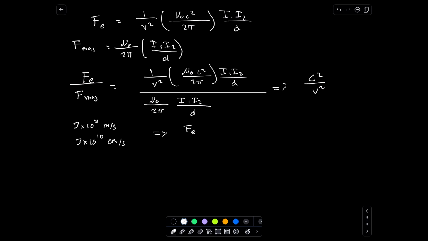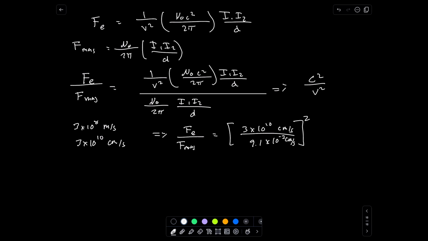Alright, knowing this, we could plug it into our ratio of the forces, equal to our 3 times 10 to the 10 centimeters per second over 9.1 times 10 to the negative 3, our speed we solved previously, squared. And the ratio of the forces will equal 1.1 times 10 to the 25th.